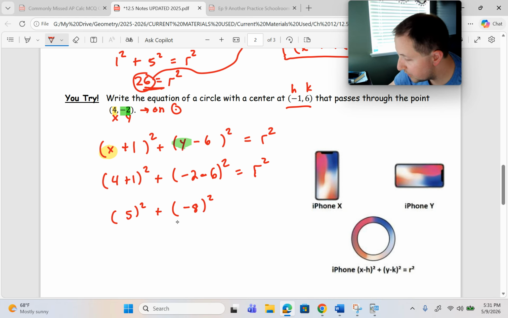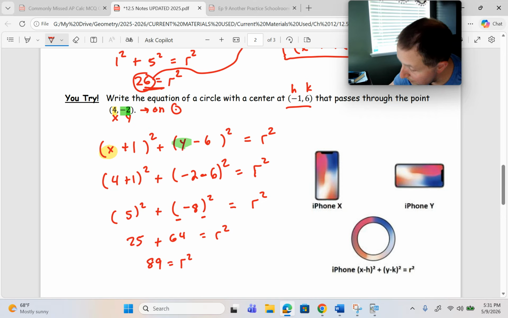Make sure you've got parentheses around that part, especially if you're putting it in the calculator, because if you don't put parentheses around the negative 8, it's going to tell you that negative 8 squared is negative 64. But we know that if you square a positive or a negative number, you get a positive. So we want to make sure we have parentheses around that negative 8. So we get 25 plus 64 equals r squared. 64 plus 25 would be 89.